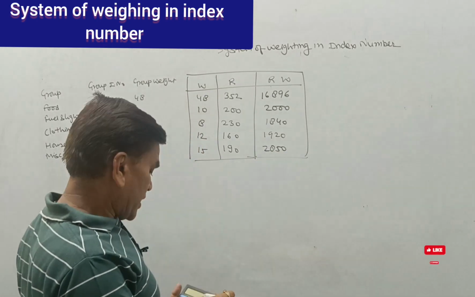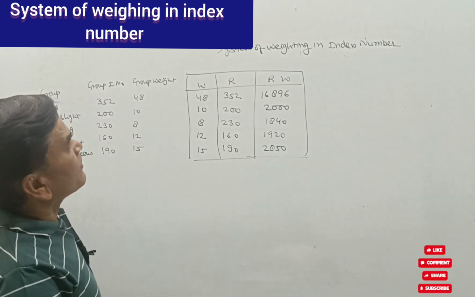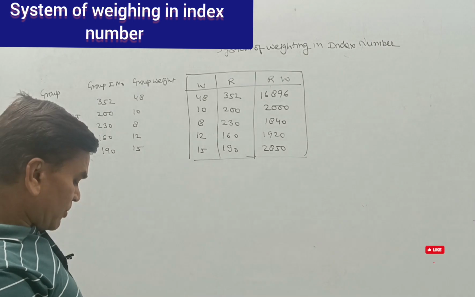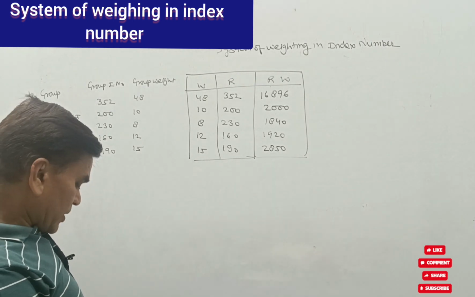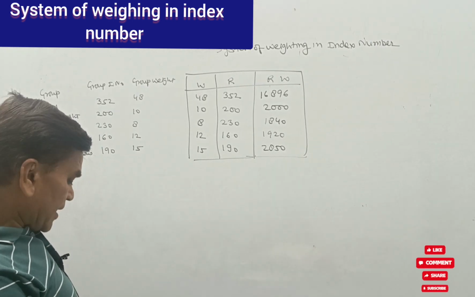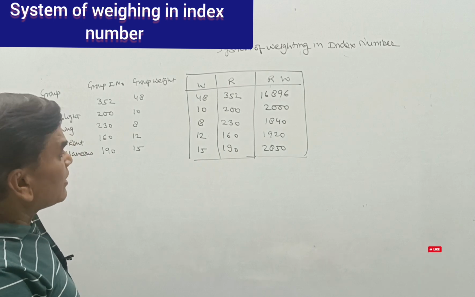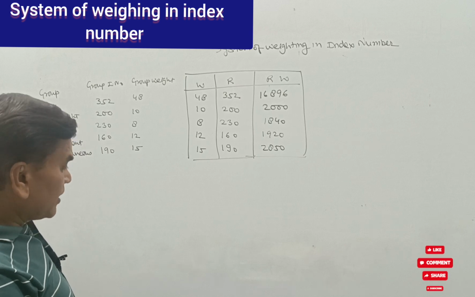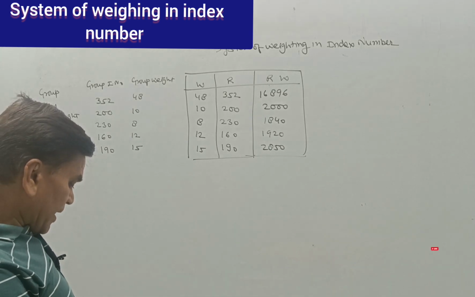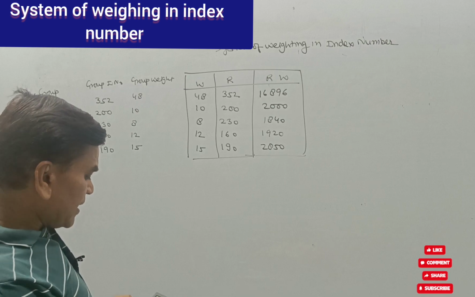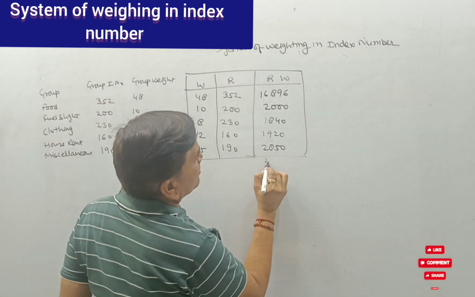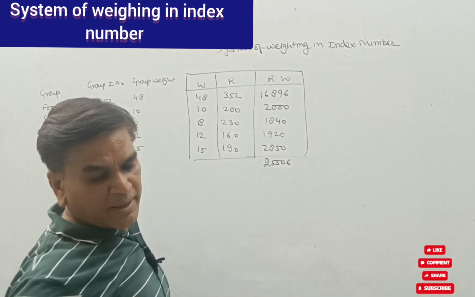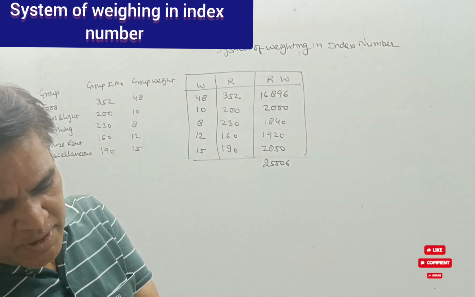So the sigma RW value: checking again, 352 multiplied by 48, next 2000, next 8 multiplied by 230, next 12 multiplied by 160, then 15 multiplied by 190. The addition is 25506. So we have calculated sigma RW as 25506.